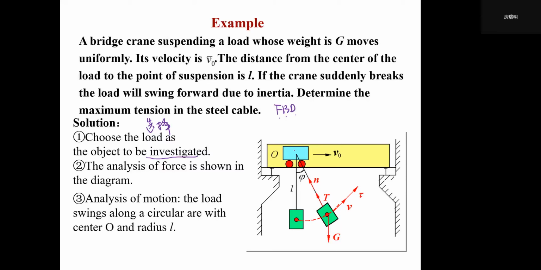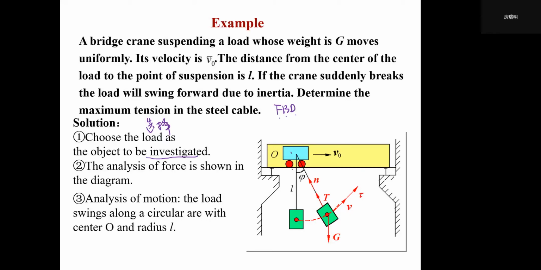So if we are sitting on this vehicle, we will find actually it swings like this, right? So the analysis of force is shown in the diagram because it's more like the point, also the center of the mass, right? It swings along this circular trajectory or circular path, and its radius is L, right?